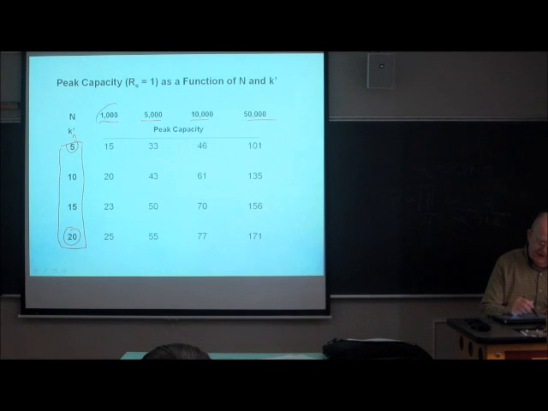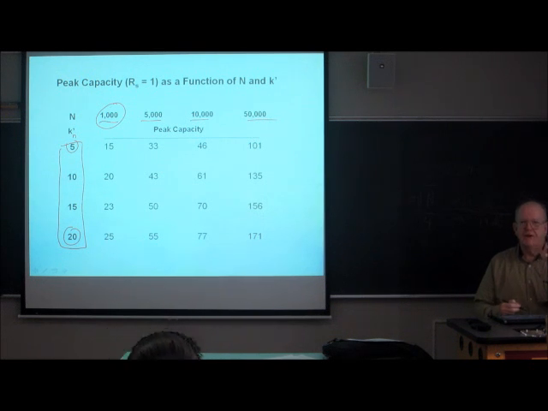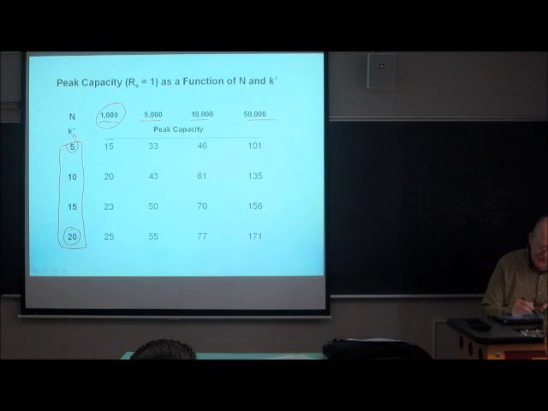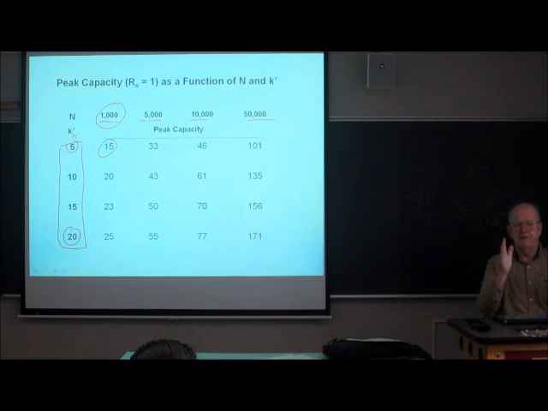But if you have 1,000 units of plate count, I mean, that sounds like a big number, right? But it only generates a peak capacity of 15. You can only stick 15 peaks, equally well separated with an R of 1, with that column.